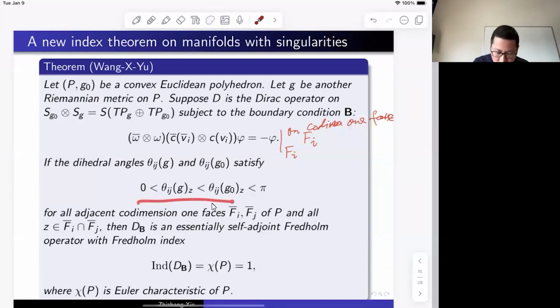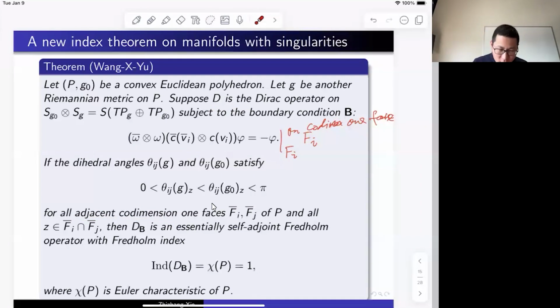With this dihedral angle comparison for the adjacent faces and this boundary condition, the index theorem says the Dirac operator is an essentially self-adjoint Fredholm operator. Since it's Fredholm, the index problem makes sense. It has a Fredholm index.